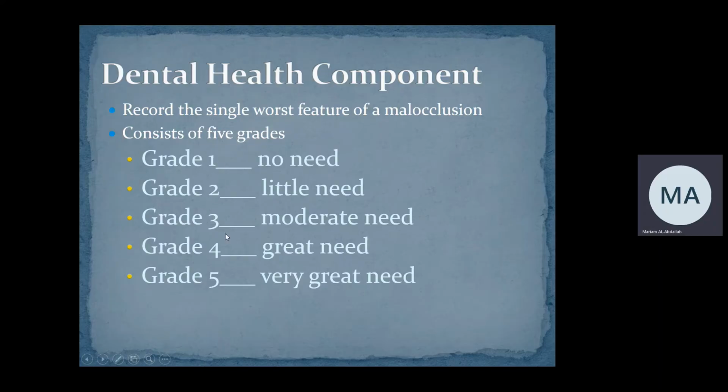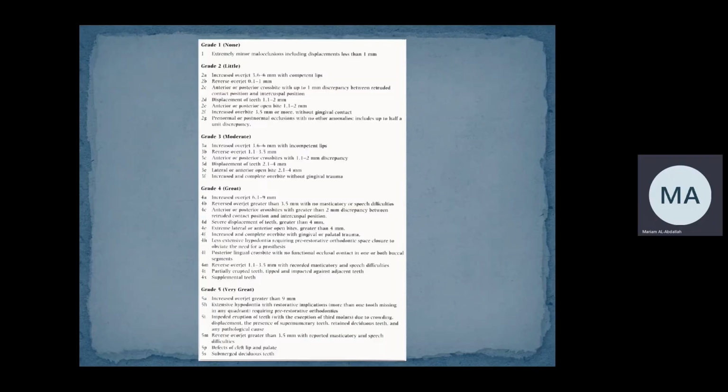Patients who get grade 3, we usually use the second component, which is the aesthetic component, to further assess the need of treatment. So this is one way to assess patients' need of treatment, and usually we have lots of categories and features that we need to look for in order to decide where the patient fits.